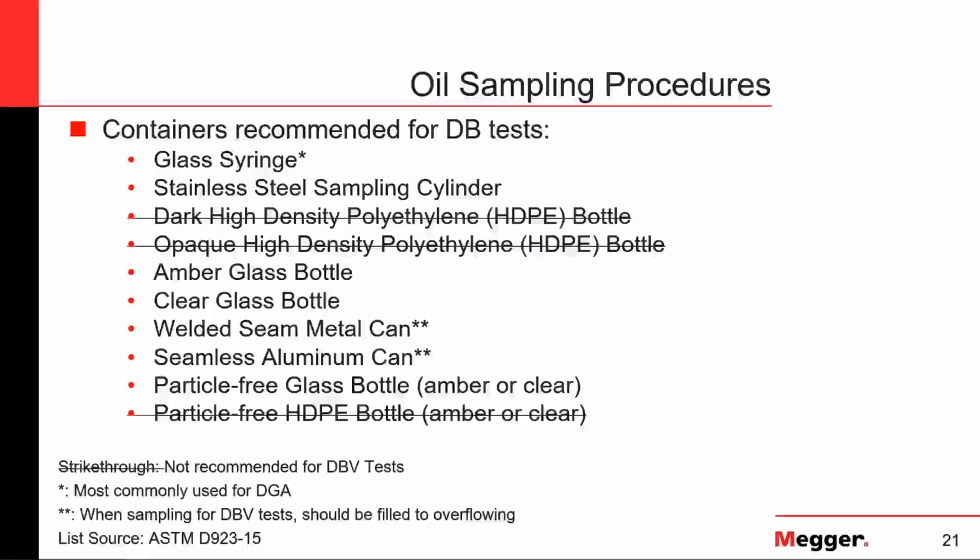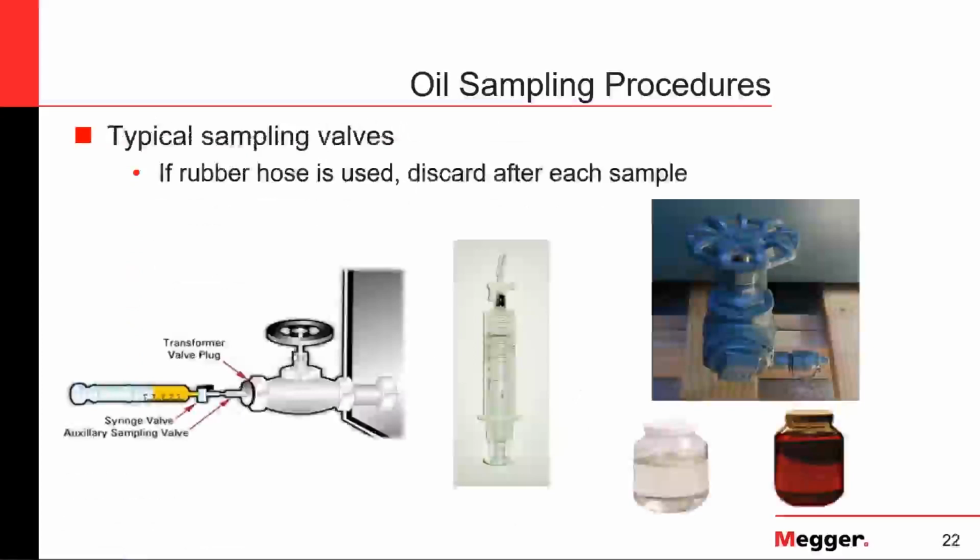A welded seam metal can, as well as a seamless aluminum can, can also be used for dielectric breakdown testing, with the requirement that you fill those to overflow, to avoid moisture getting inside the sample.